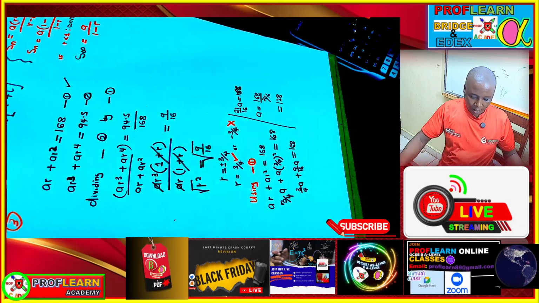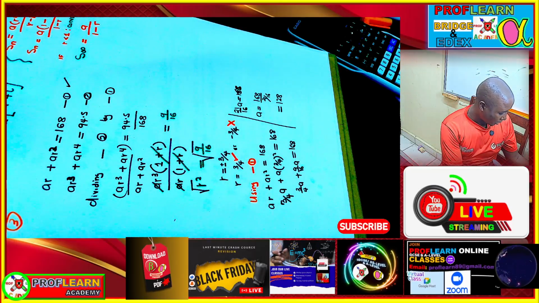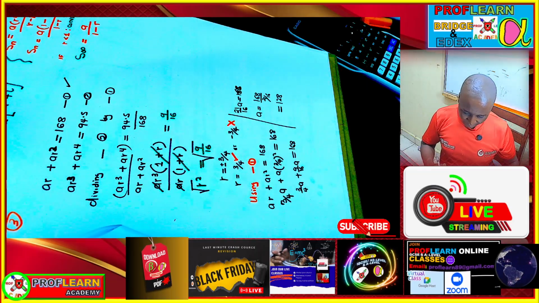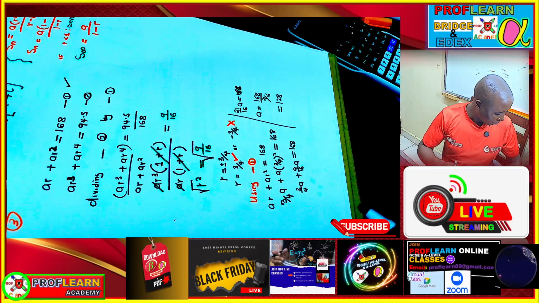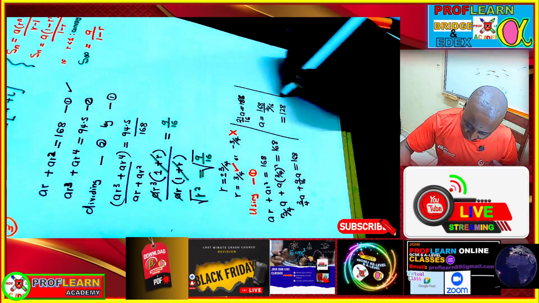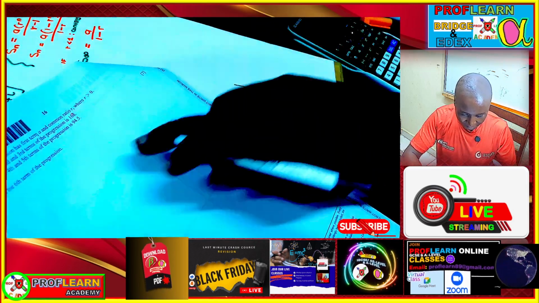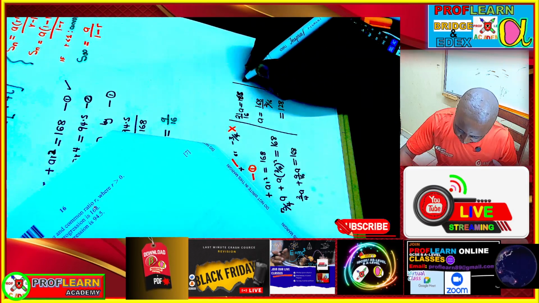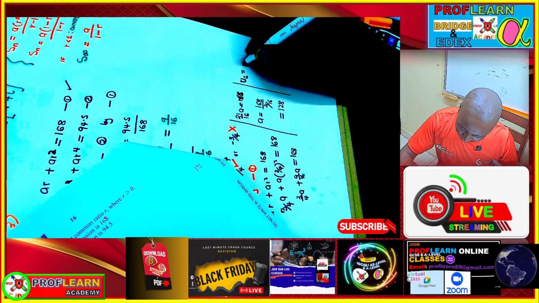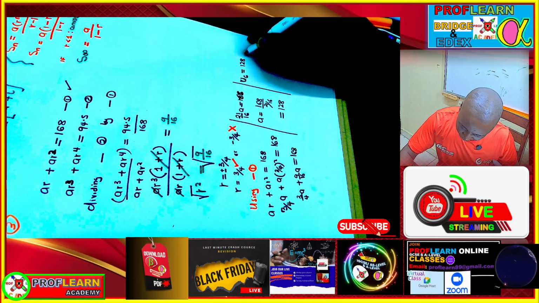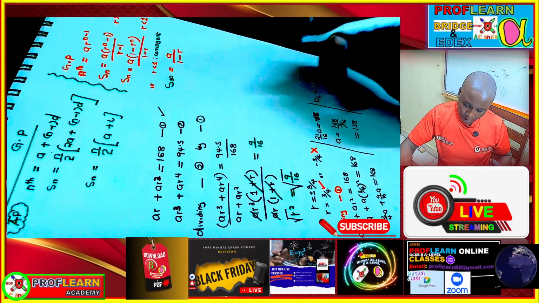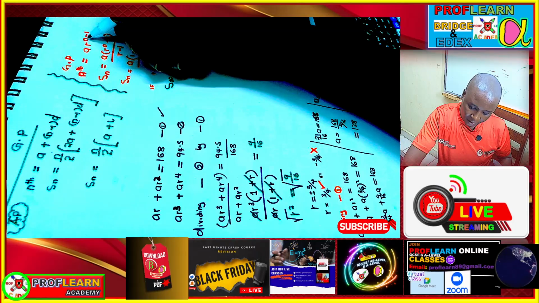So we have our A being equivalent to 128, and our R is 3 over 4. Once we have this, we can now find the sixth term, U6, whereby the first term is 128, because the formula for the nth term is A, the first term, R to the power n minus 1.